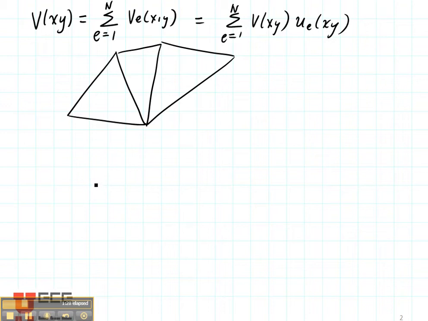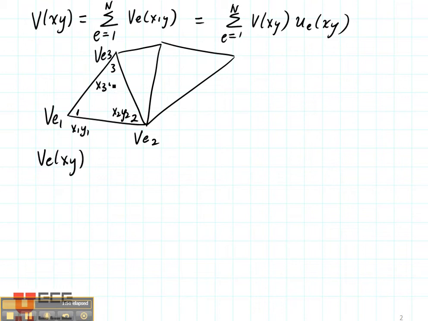Now let's consider one triangular element and consider what the elemental voltage is. If this is node 1, 2, and 3 on that element, I can have potentials at each one of those nodes, VE1, VE2, and VE3. This is the location x1, y1, x2, y2, and x3, y3. So VE at x and y is going to be modeled as being linear between these 3 points.